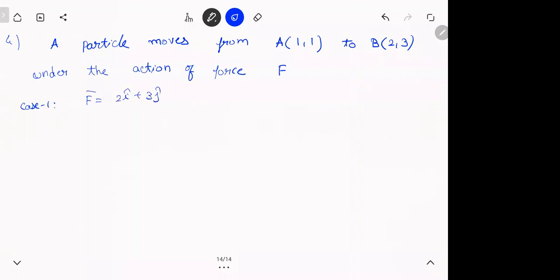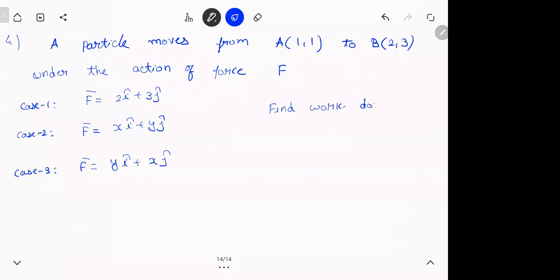It's a constant force. Case 2, the force is xi plus yj, meaning the force is changing with x coordinate and y coordinate. At different positions, you have different work done. Case 3, yi and xj, meaning along the i direction it depends on the y coordinate, along the j direction it depends on the x coordinate. So find work done by force in all 3 cases.